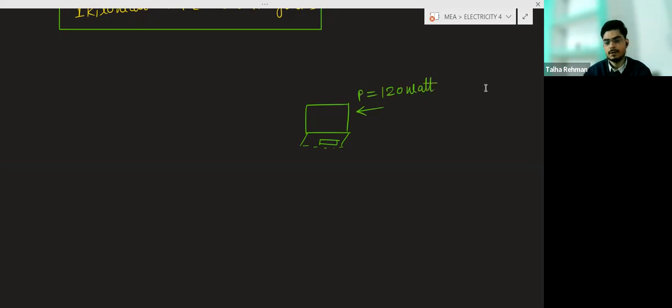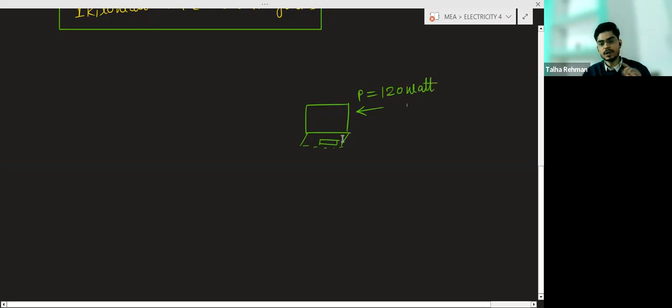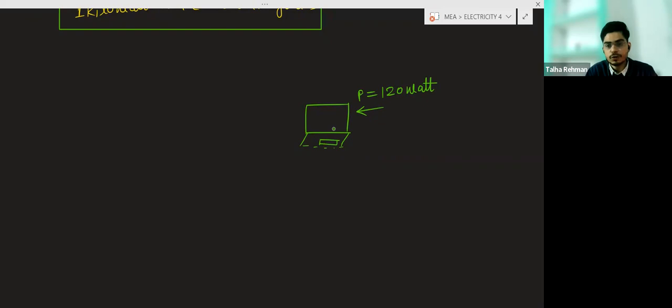This laptop has a power rating of 120 watt. Now suppose this laptop is running for 1 hour.